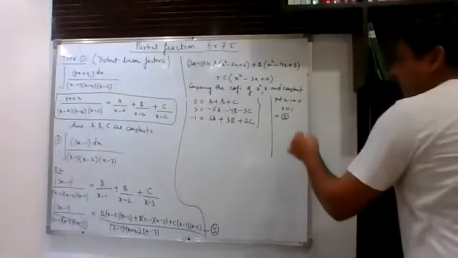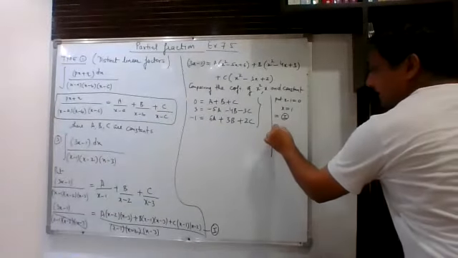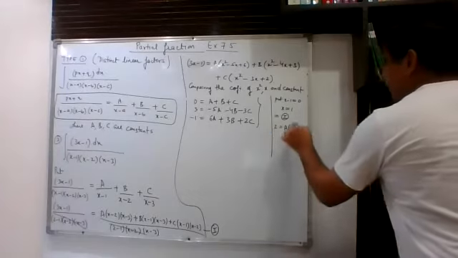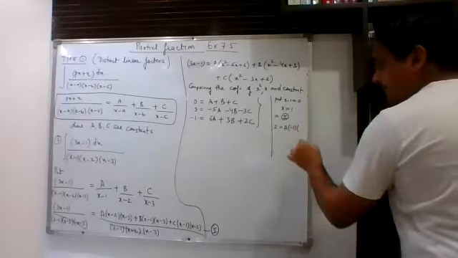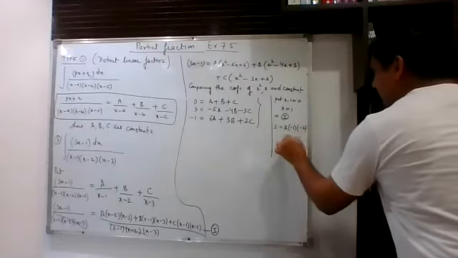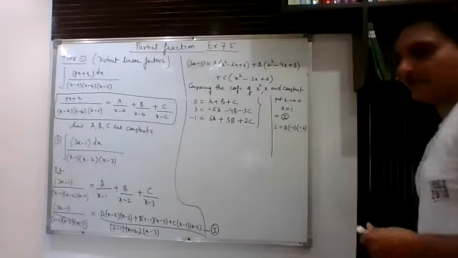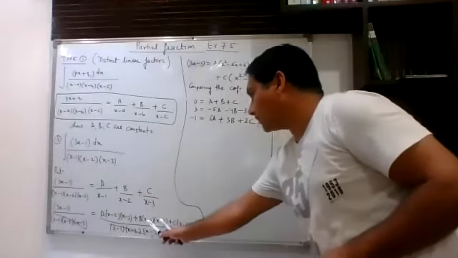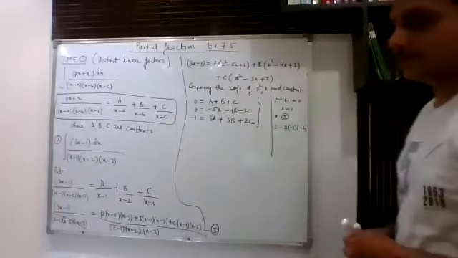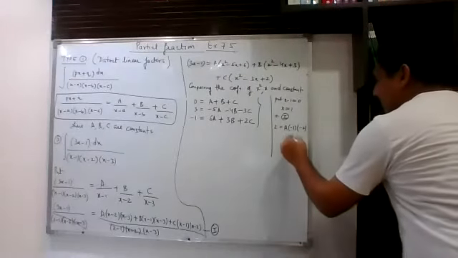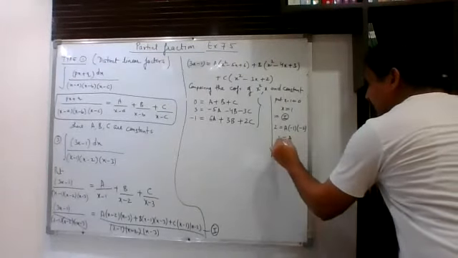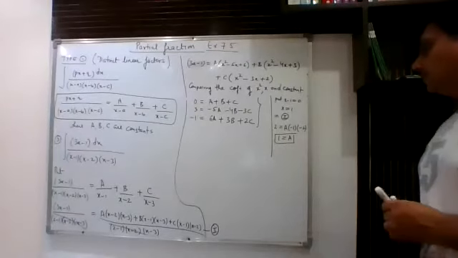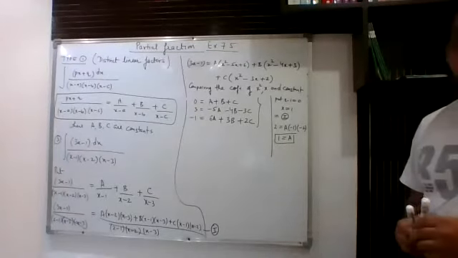When you put x equal to 1, you will get 2 is equal to a into minus 1 into minus 2. So plus 0, no need to write that because already I had told you when you are putting x minus 1 equal to 0, then this and this term will vanish. Only a will survive. So from here, when you do further calculation, you can see that your a will be equal to 1. So our a is coming out to be 1.